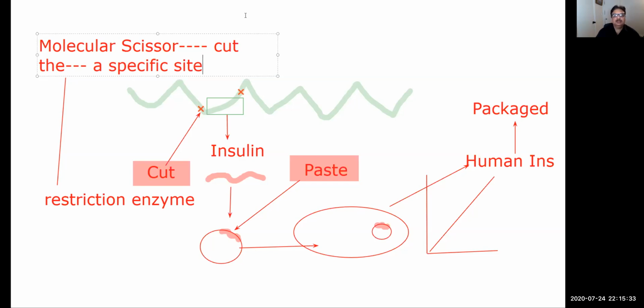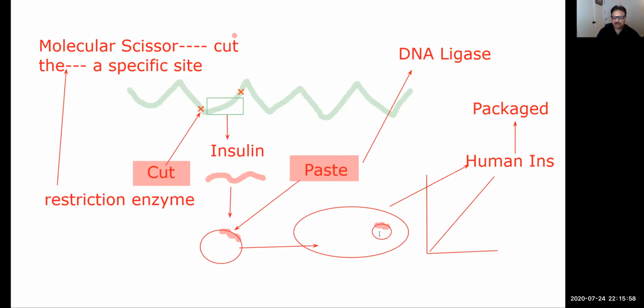The human insulin gene is pasted with the help of another enzyme, which is called DNA ligase. So I repeat: cut the human insulin gene using restriction enzymes, and the human insulin gene is pasted into the plasmid.